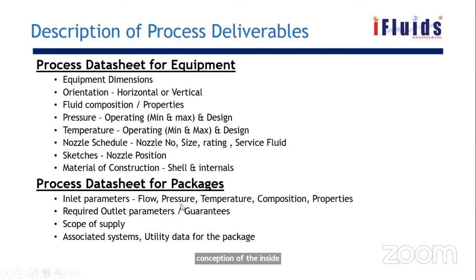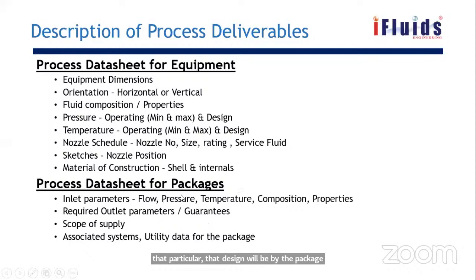Similarly, for the process data sheet for the packages, we'll be giving the boundary conditions, the battery limit conditions, and my required outlet parameters, what spec I need at the outlet, so that the package vendor needs to guarantee it and give the design.